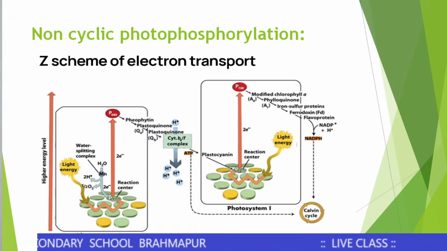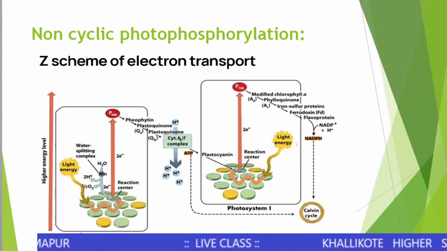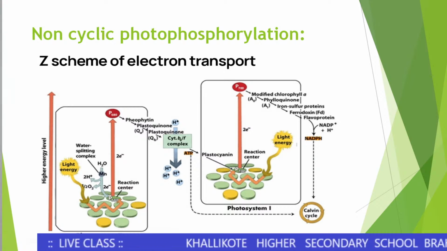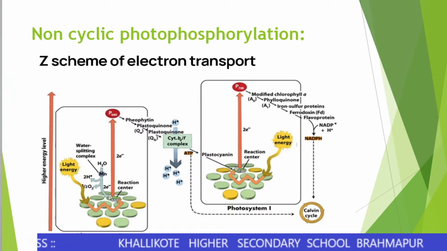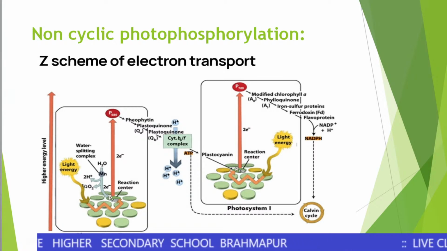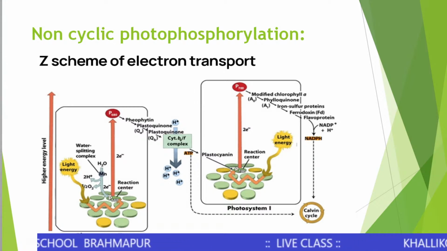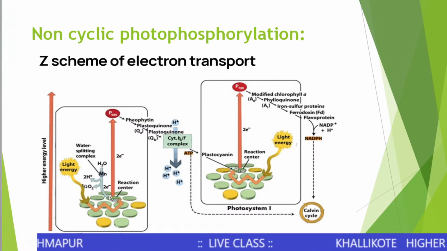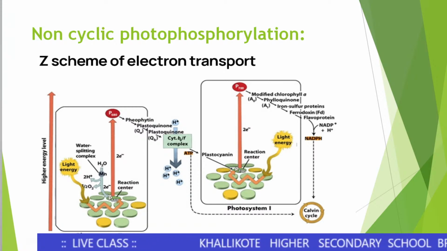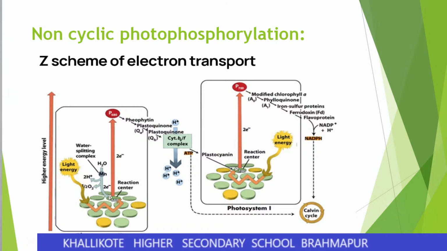During this movement, there can be synthesis of one molecule of ATP as in the cyclic photophosphorylation phase. When plastoquinone is reduced and then oxidized, the protons, or H plus ions, are transported into the lumen of the thylakoid. So the H plus concentration will start increasing in the thylakoid lumen.